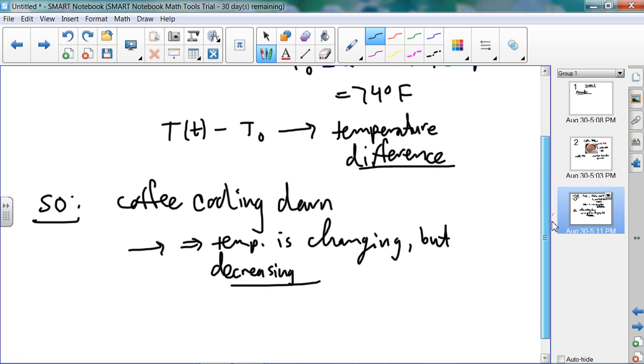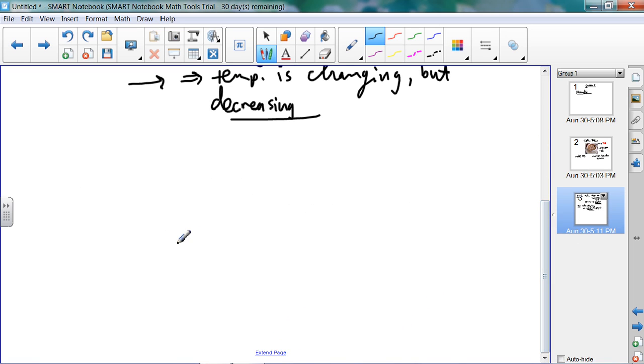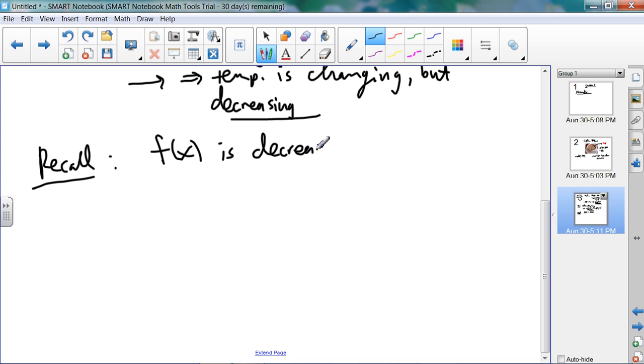So let's figure out how we model that mathematically. Remember that if a function f of x is decreasing, then we know something about its derivative. So think back to your Calc 1 knowledge. What do you think you know about its derivative? That it's less than 0.